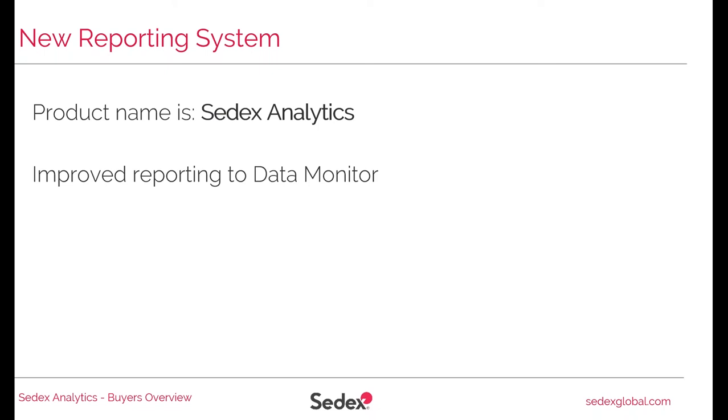In every report there are instant key performance indicators that give you straightforward information as soon as you go into it, and then you can start filtering to identify your key points of interest. Something that Data Monitor never did, and we've listened to the feedback, is that it now gives you answers straight away without you having to look at all of this data and then filter it yourself.